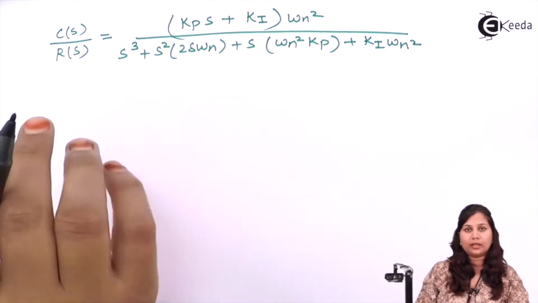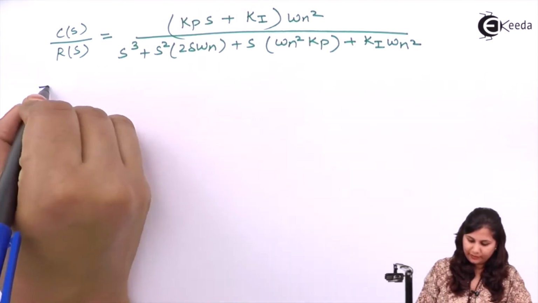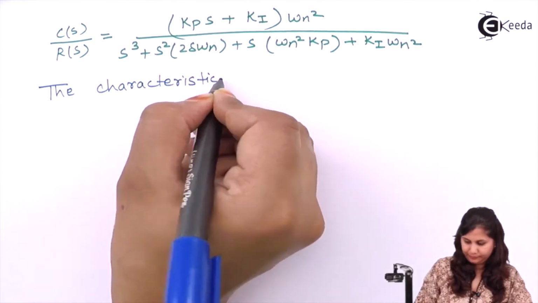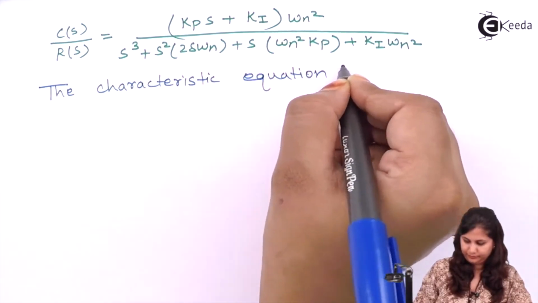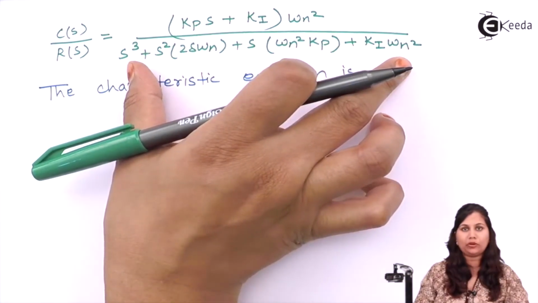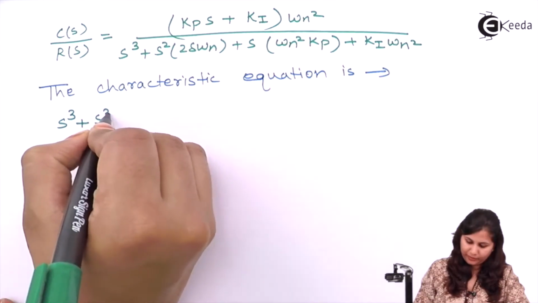Now just write the characteristic equation. So the characteristic equation is given by the denominator polynomial equated to 0.